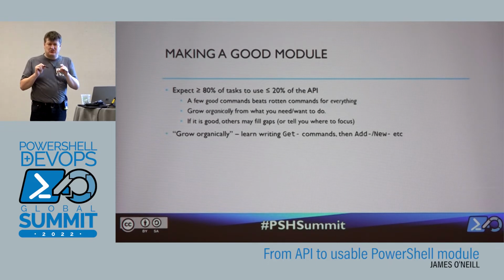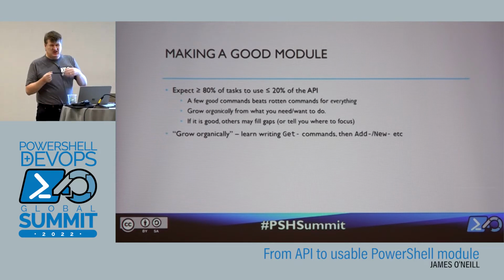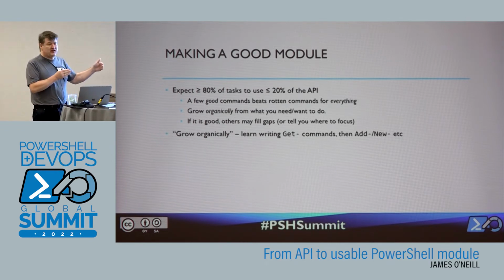Set is not too difficult because we can see what we got back and then we just change it and send it back again. Adding new items is probably the most difficult of the lot because we're starting from a clean sheet of paper. So work up: do read stuff first, and then start modifying, adding, and so on.